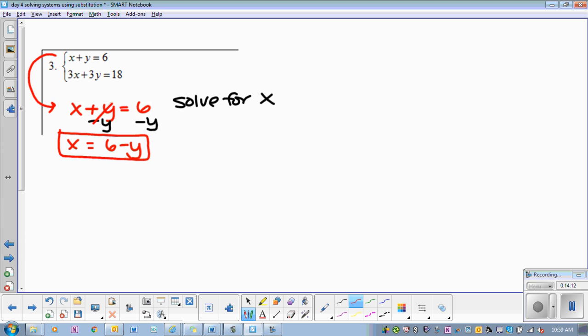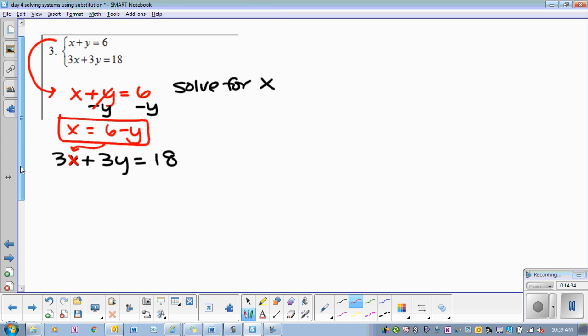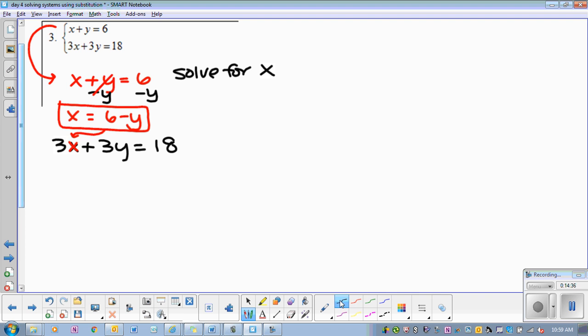And then you're going to take this x equals and plug it into the other equation. So my other equation is 3x plus 3y equals 18. But instead of this x, I'm going to plug in 6 minus y. 3 times 6 minus y plus 3y equals 18.